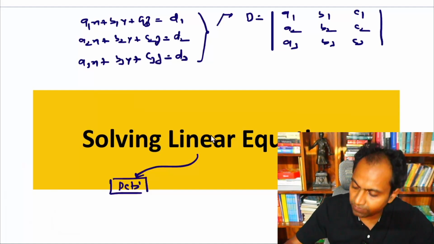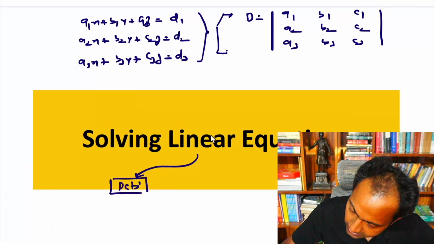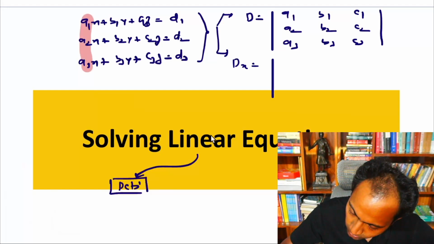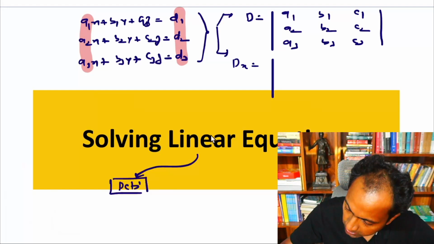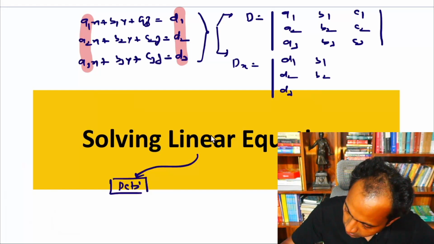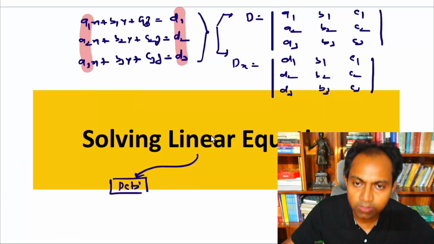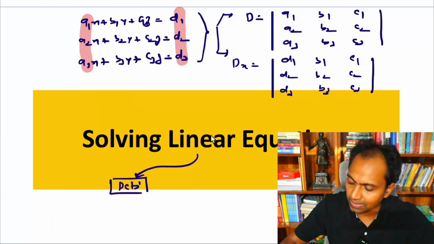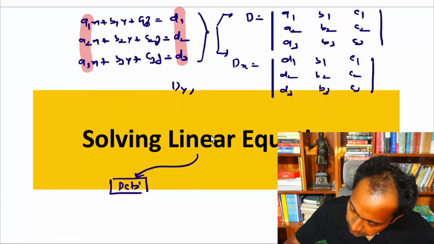Now the next that we are going to write is nothing but Dx. If I write it, then what we are going to do is the coefficients of x that were here, we are going to replace by d1, d2, d3. This will become d1, d2, d3, b1, b2, b3 and c1, c2, c3. Similarly, we can do for y and z to get Dy and Dz respectively.